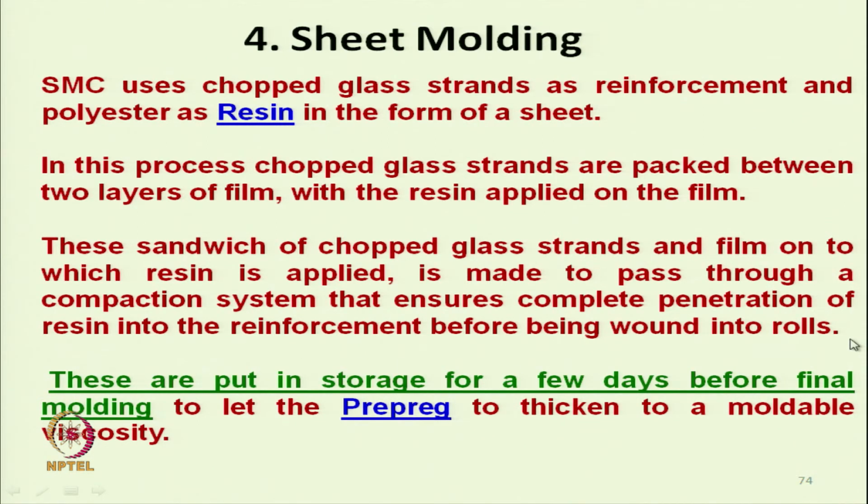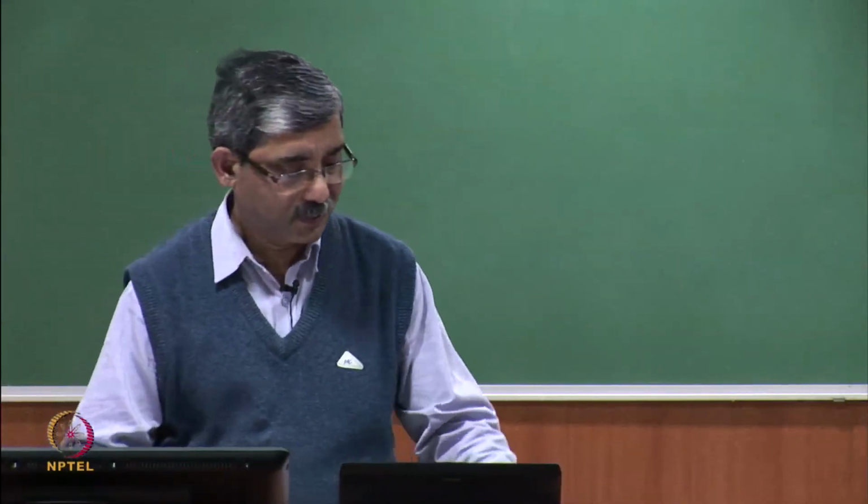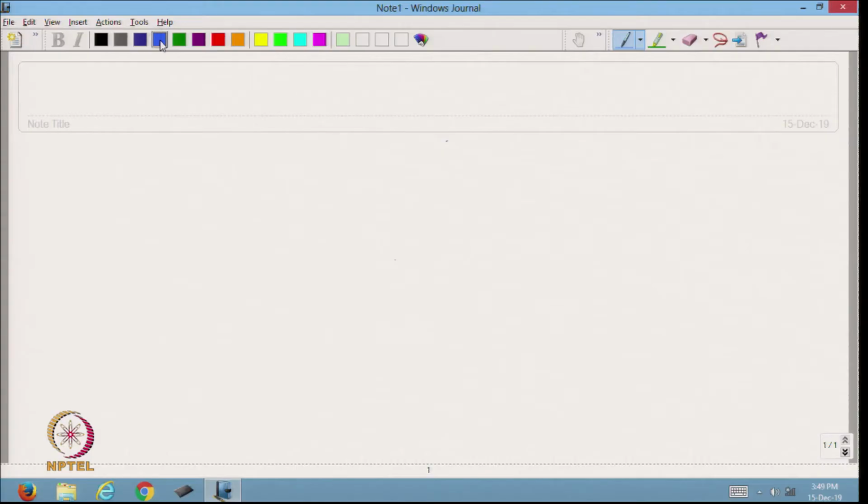Now, let us see, there will be typically two films. Now, this is one film coming. Okay. Here we are applying some resin on one side, and some knife will be there, doctor's knives, which will control the resin thickness.